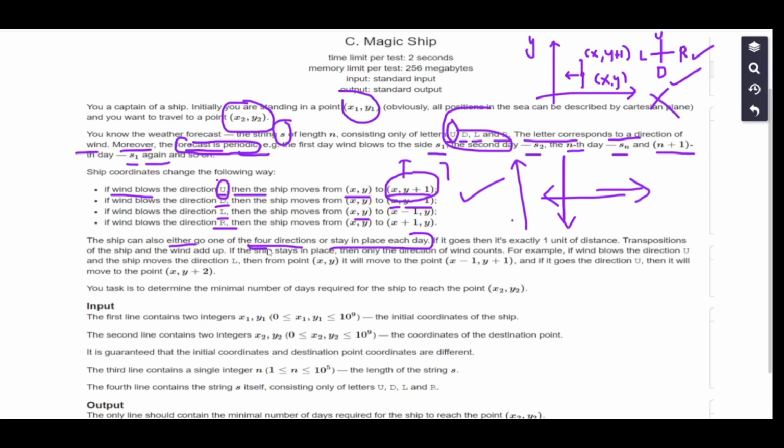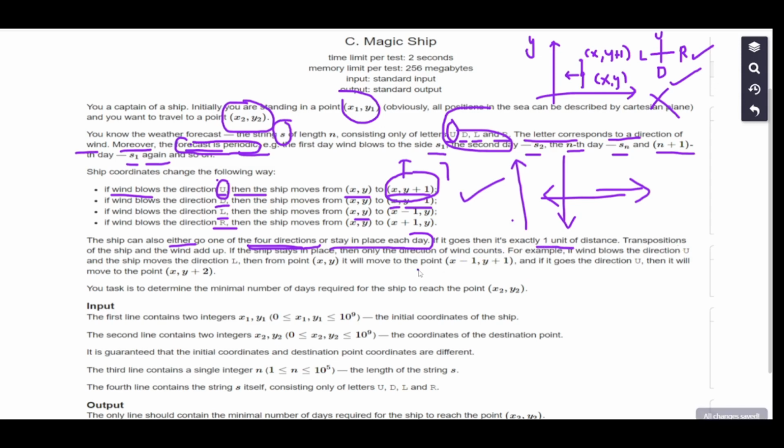That's why it can move towards one of the 4 directions on any day, because of its own power, consuming its own resources. If it goes, then it covers exactly 1 unit of distance.